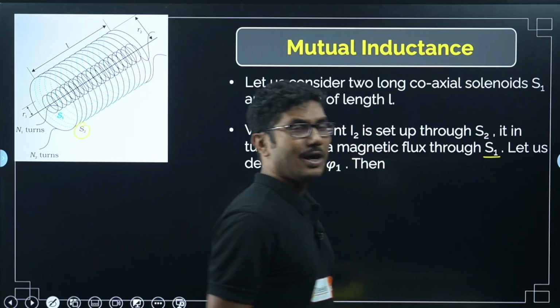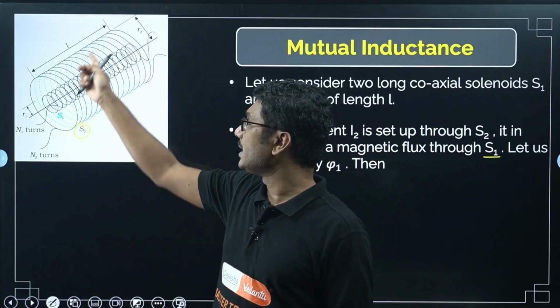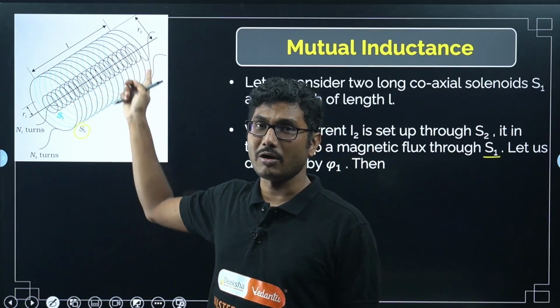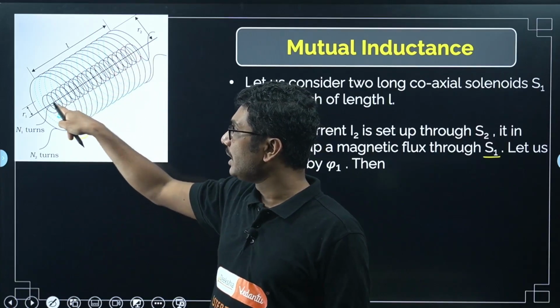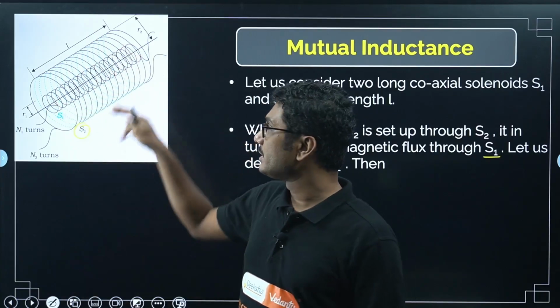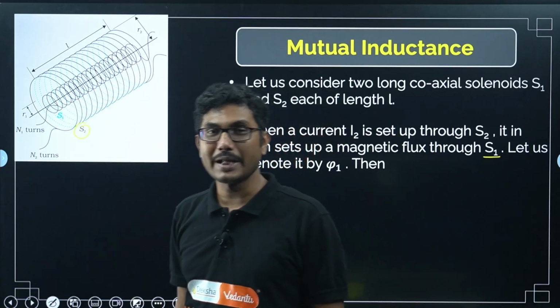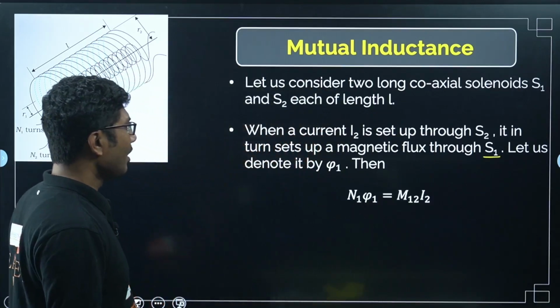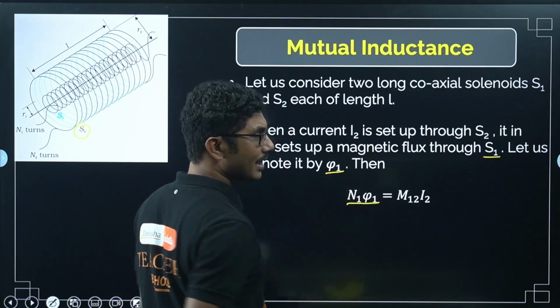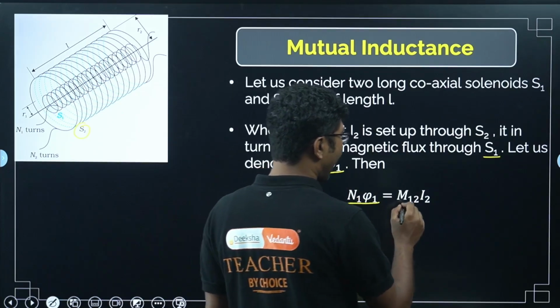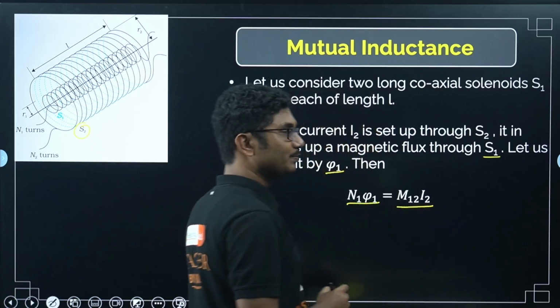When I am sending a variable current through this coil, there will be a magnetic flux. Now that flux will be linked to the inner coil as well, because it is sending flux in all possible directions. Now if we denote this flux by phi1, then N1 phi1 is equal to M12 I2.